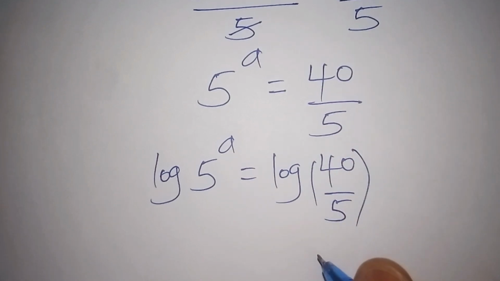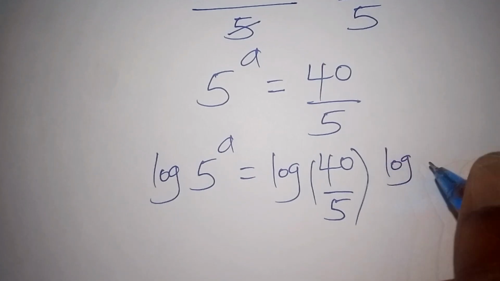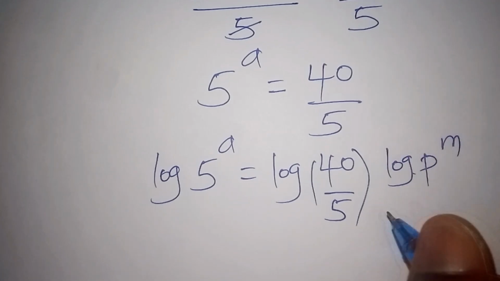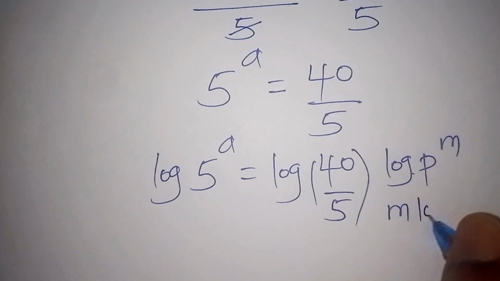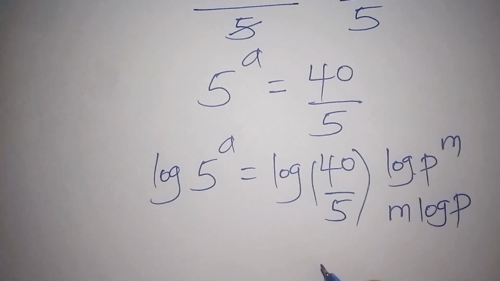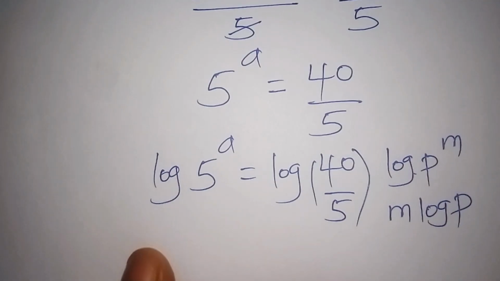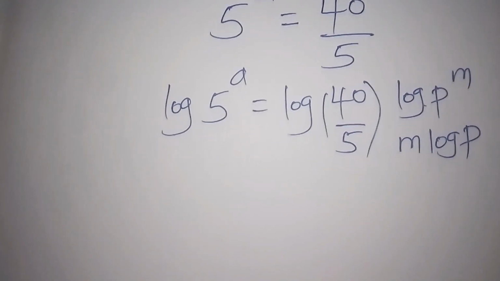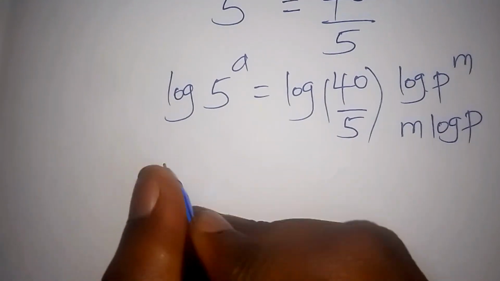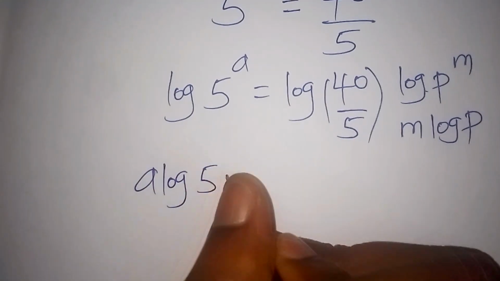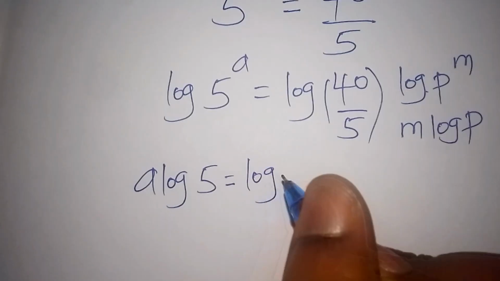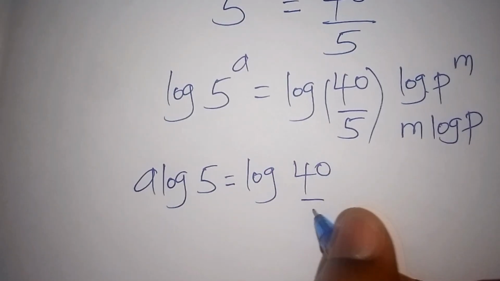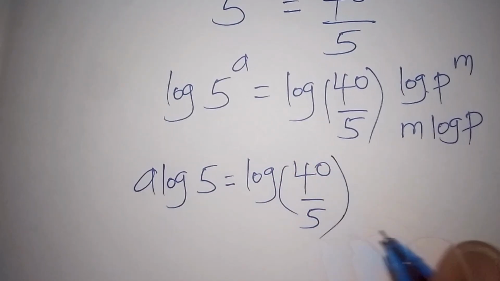From here we say that when you have the log of p to the power of m, this can also be written as m log p. So we shall have a log 5 is equal to the log of 40 all over 5.